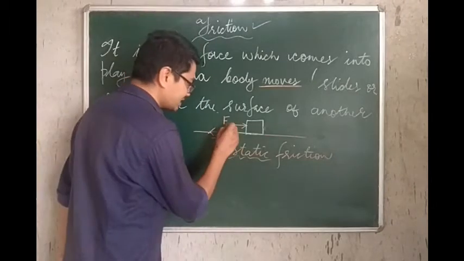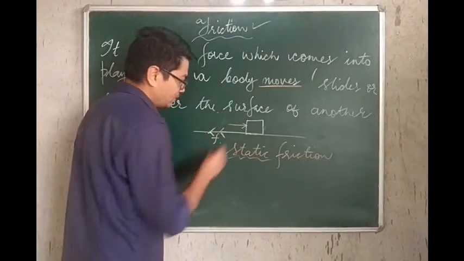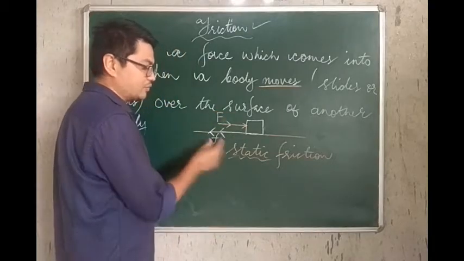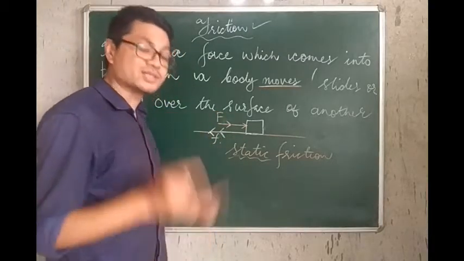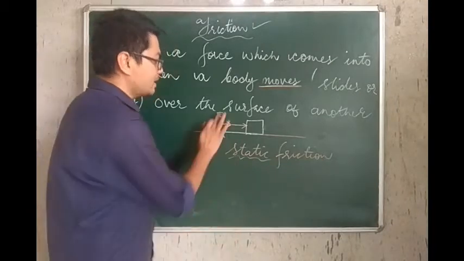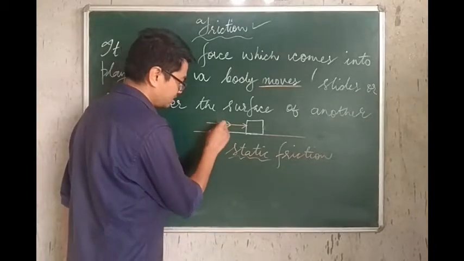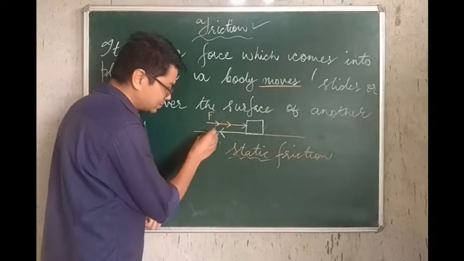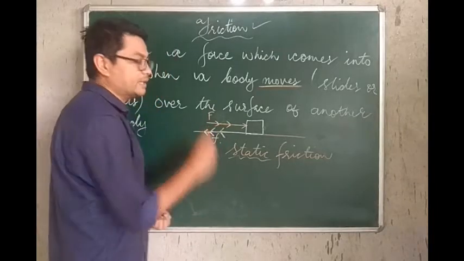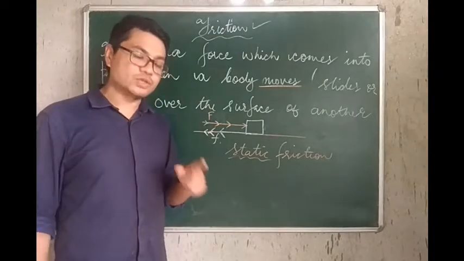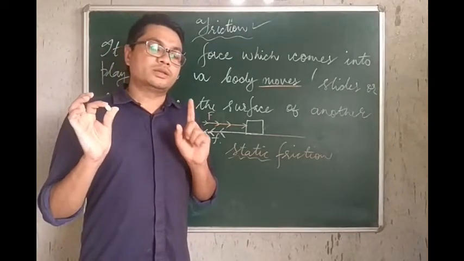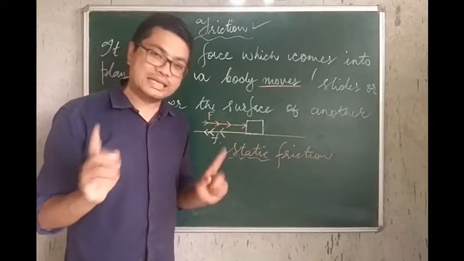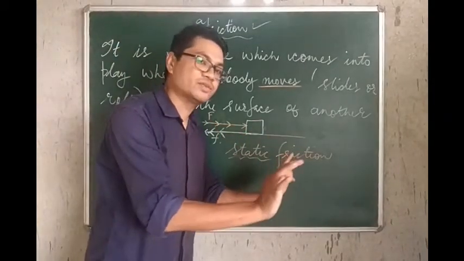So when I increase my external force, what happens is the force of static friction also increases proportionately. I further increase my external force, the force of static friction also proportionately increases. But mind you, the force of static friction cannot go on increasing infinitely such that this body will forever remain static.